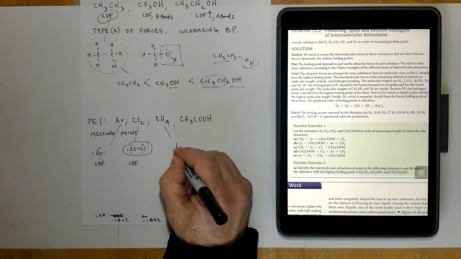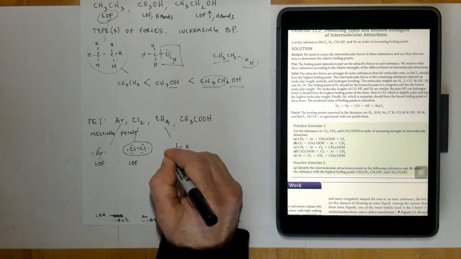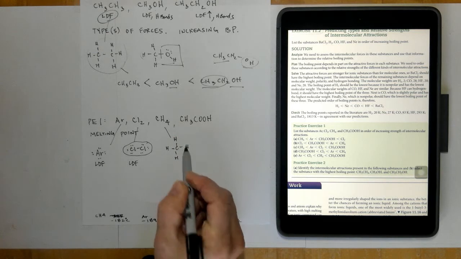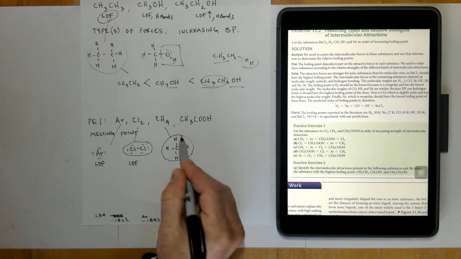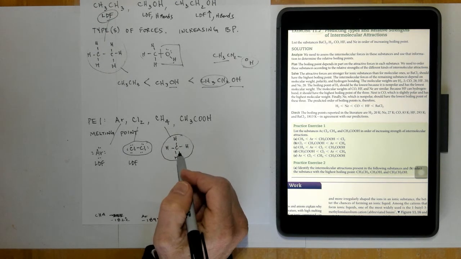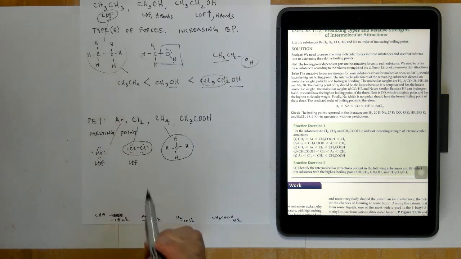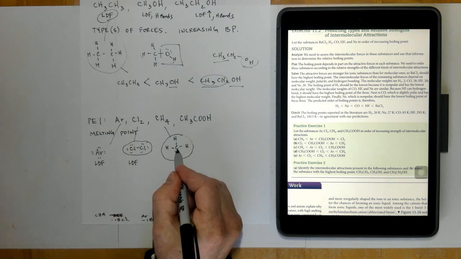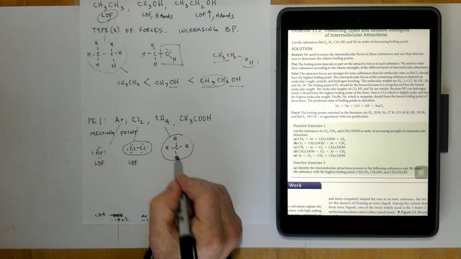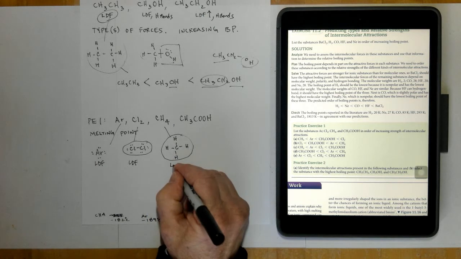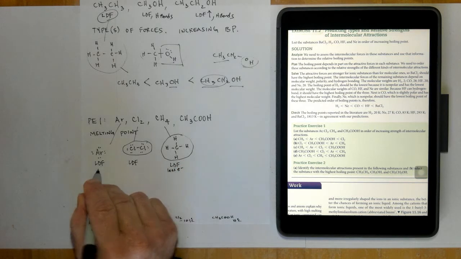CH4, if we put that guy together, well, this one is perfectly symmetrical, and it has fewer electrons probably than argon even, because it only has carbon's electrons and then 1 from each hydrogen right here. So only London dispersion forces and even fewer electrons than argon does.